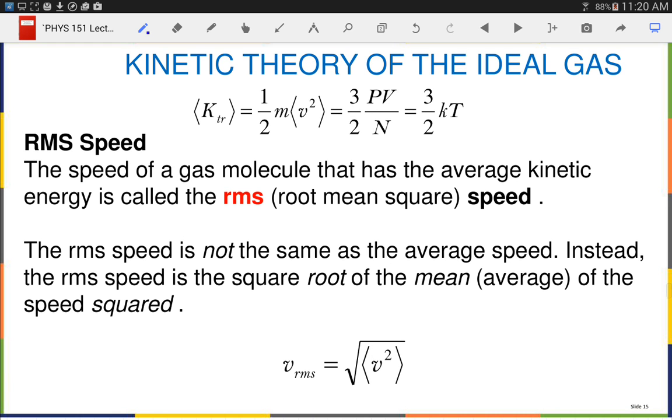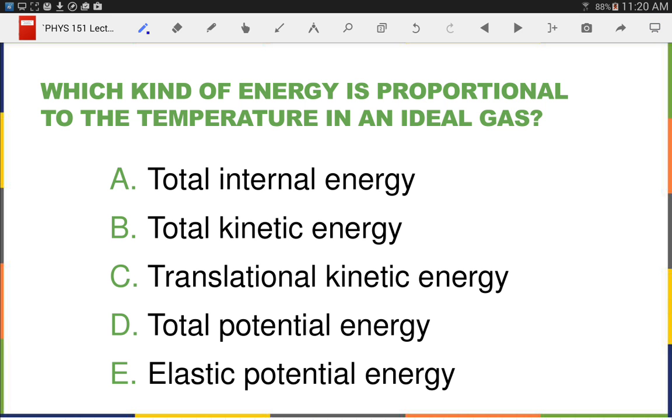Alrighty. So here's the calculations on the RMS speed. I've gone through it. I can skip it. Clicker question number 2. Which kind of energy is proportional to the temperature in an ideal gas?